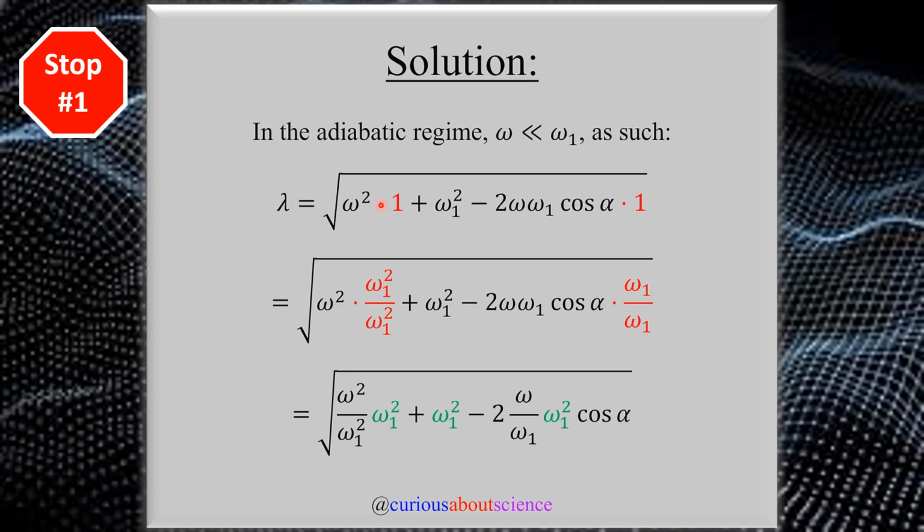If we multiply by 1 over omega 1 squared everywhere and omega 1 here, we get a ratio of omega squared to omega 1 squared, and an extra omega 1 squared. So we can factor that out from the square root. That was from 11.14.